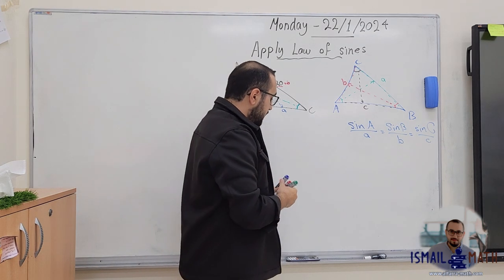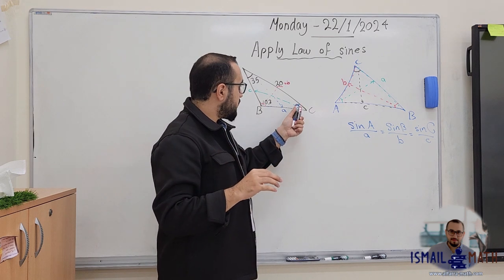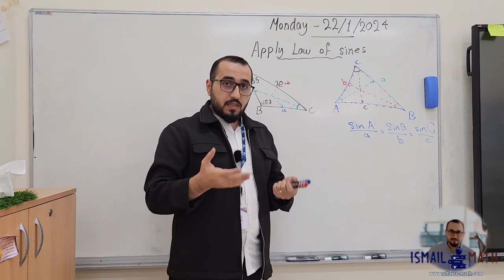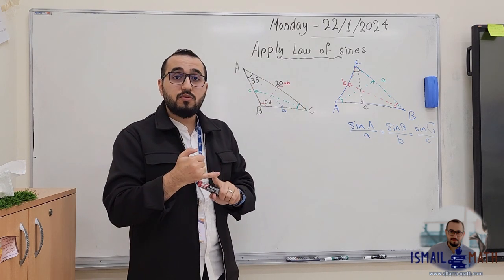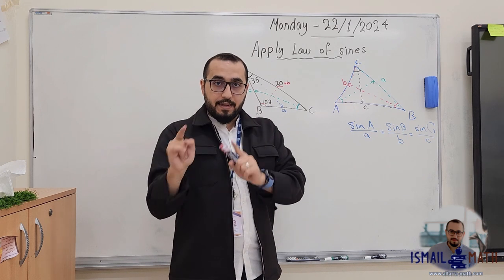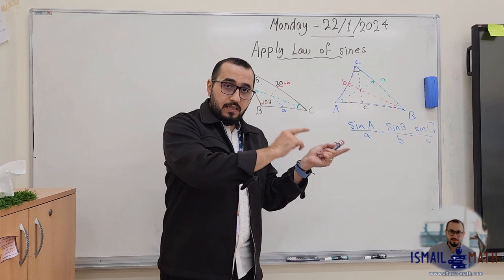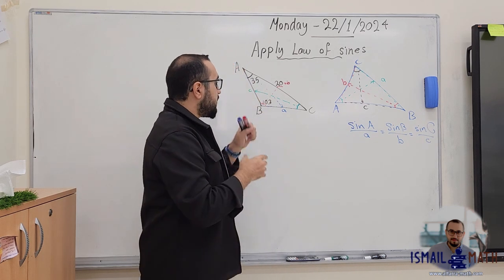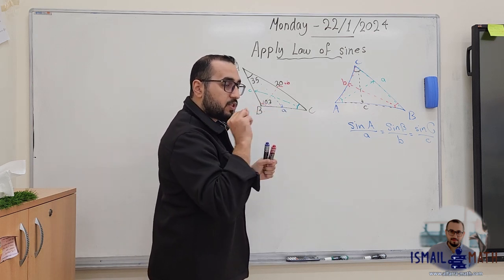We have three unknowns: one angle and two sides. You can start however you like, but when you start, you have to use one known angle and its known side.